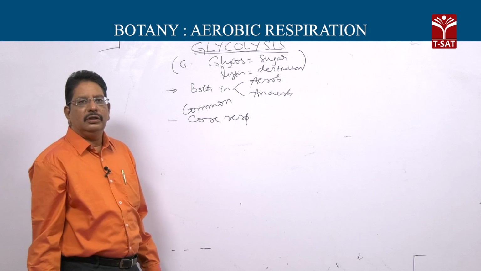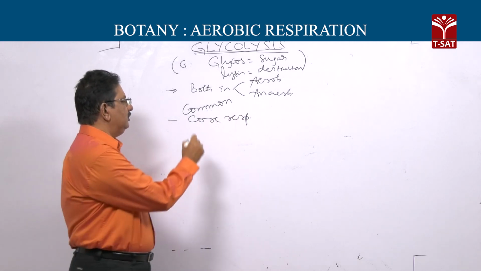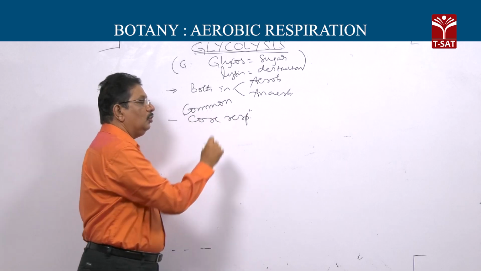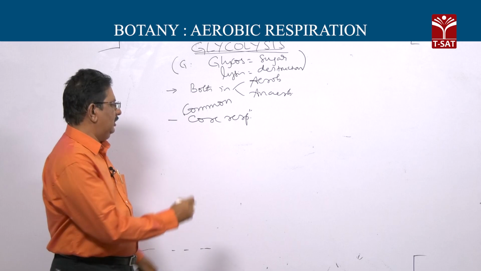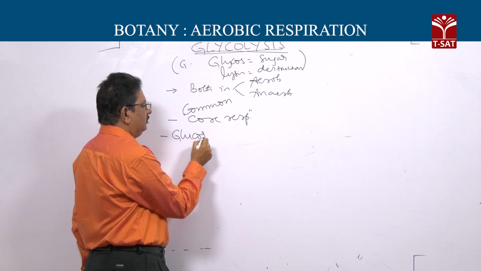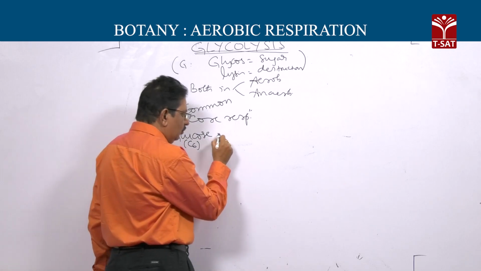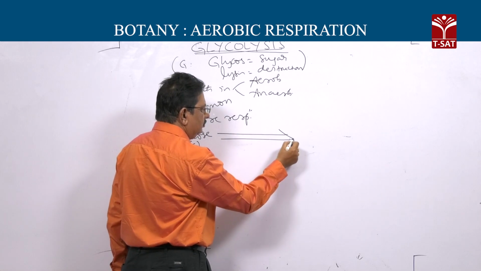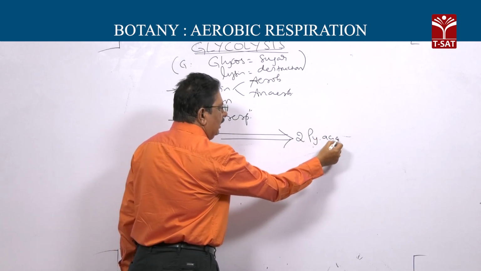Since it occurs commonly in both types of respiration, some scientists named it core respiration. And during glycolysis, the hexose molecule, say glucose, is converted into two molecules of pyruvic acid.